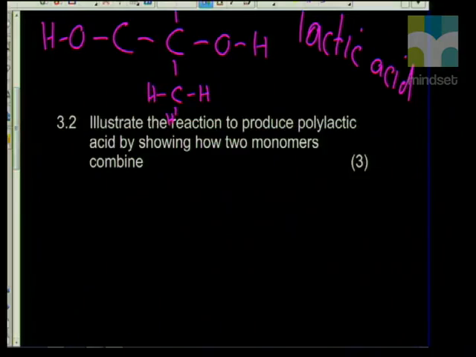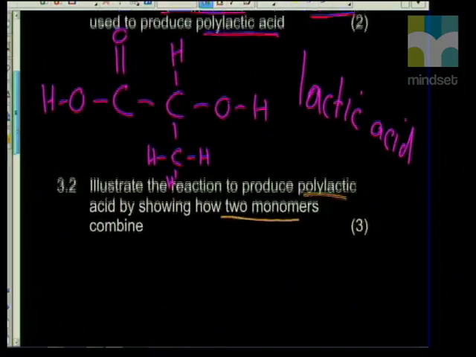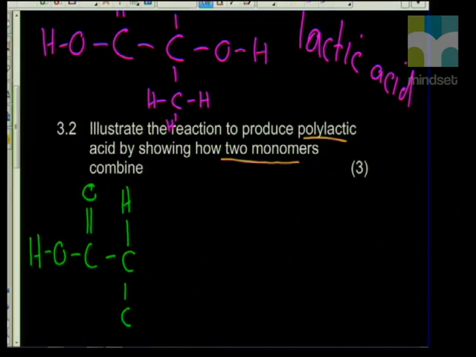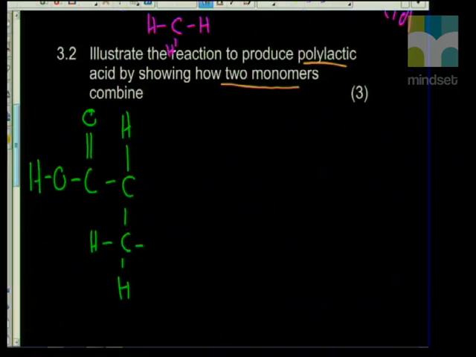Now the second part of the question says, illustrate the reaction to produce polylactic acid by showing how 2 monomers combine. I haven't got much space here, so I'm going to redraw this one a little bit more closely. So remember, it's the hydroxide followed by the carbonyl, followed by another hydrogen, followed by a methyl group, and we can just repeat this unit on the other side.